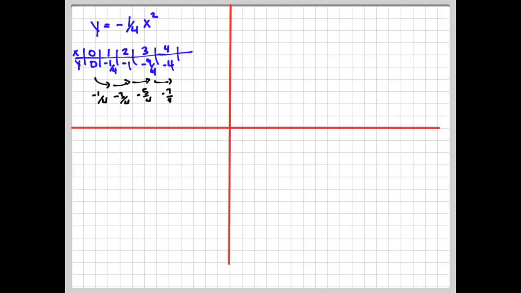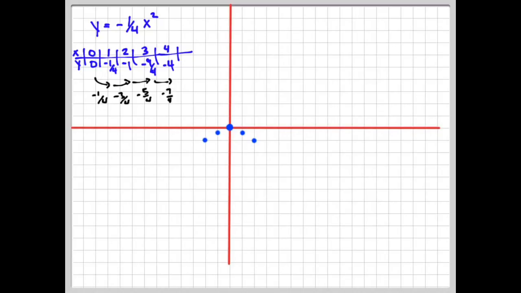So there's two differences with this parabola. Now it's shorter because the amount that we're changing by is smaller. We're going from 0, 0, and then we're going down 1/4. So I've got 1, negative 1/4, and negative 1, negative 1/4. And then I've got 2, negative 1. So I went down 3/4.